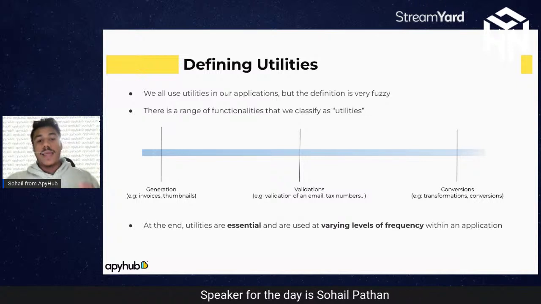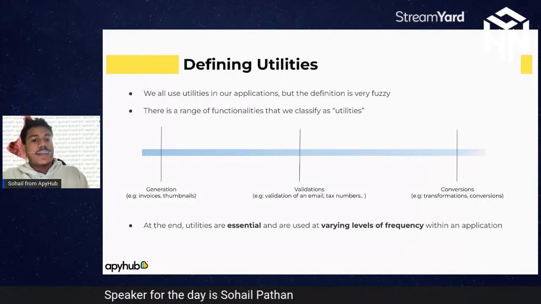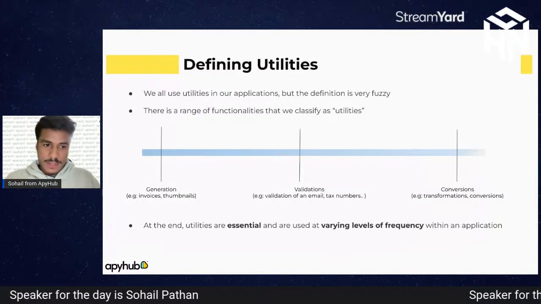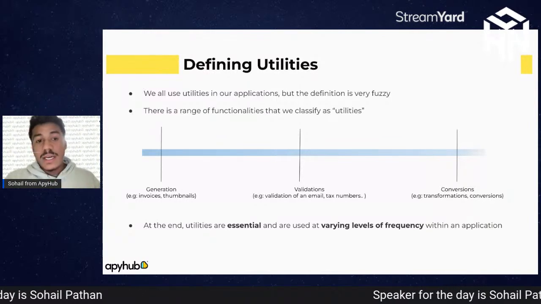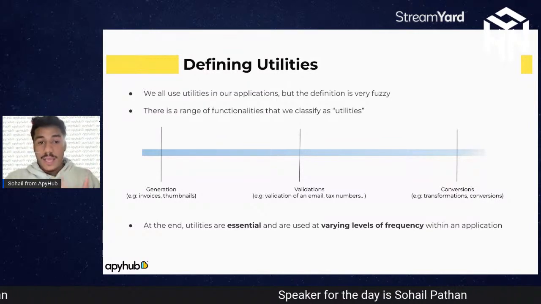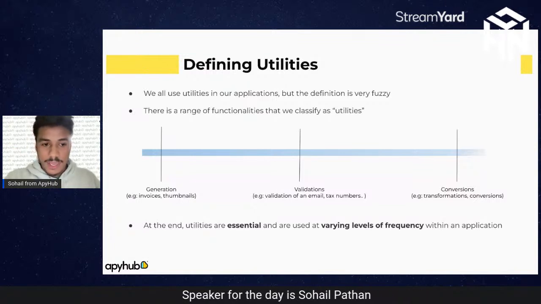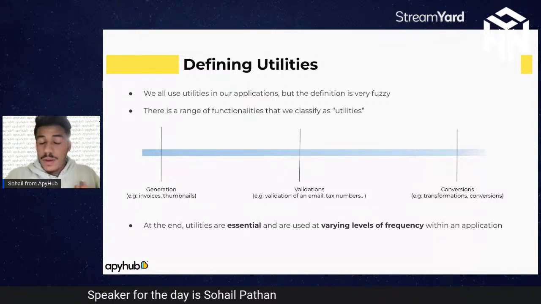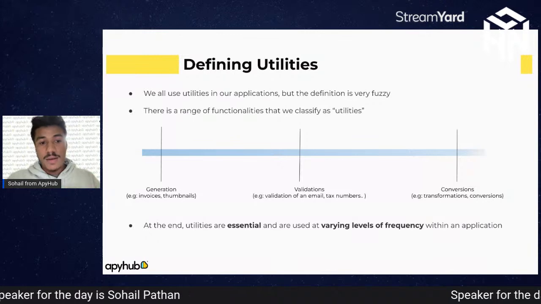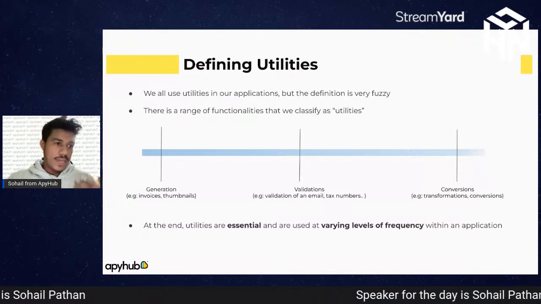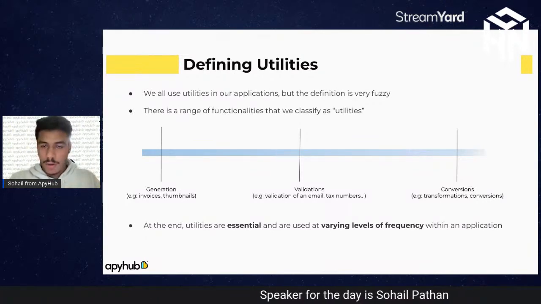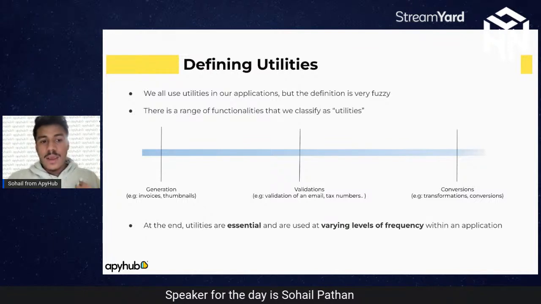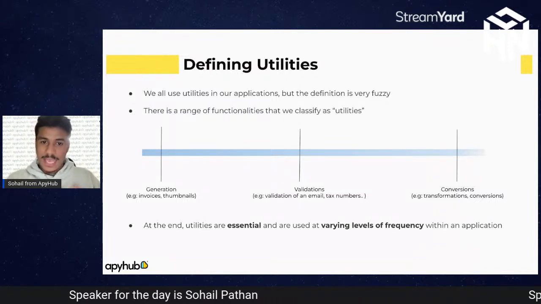These tasks get categorized into three different verticals. In the generation vertical, you create invoices. Let's say someone is buying an object or appliances, you have to give the invoice as well.